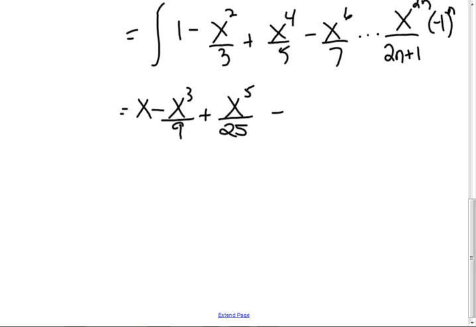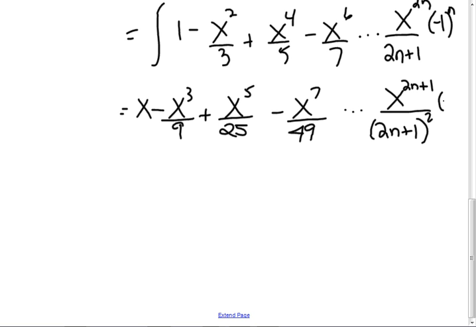This is going to be minus x to the seventh over 49. So this is going to be x to the 2n plus 1, and then it's 2n plus 1 times 2n plus 1, plus c. That was the integral of inverse tangent divided by x.